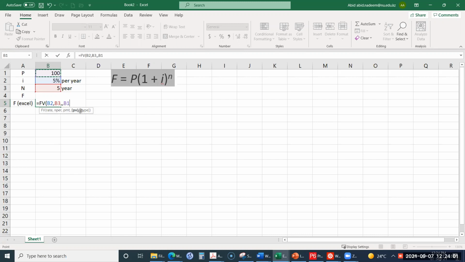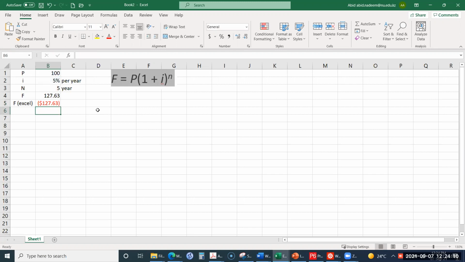And the last one is the type. It is optional, so just leave it blank. And then we will get the same value, but over here the answer is given as negative. The negative is just the context.